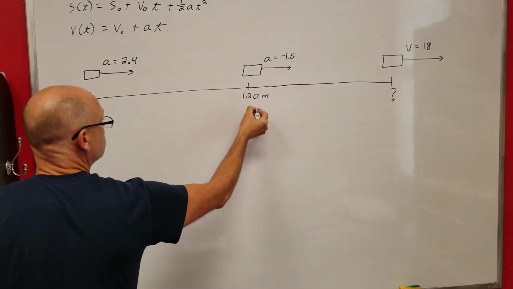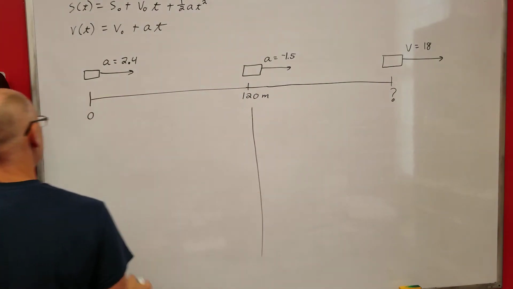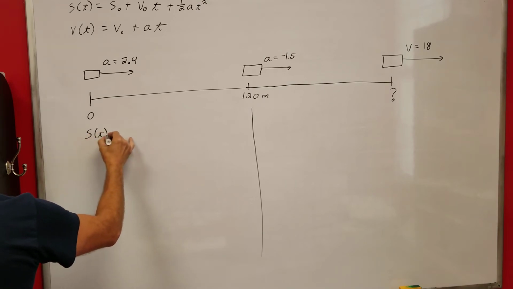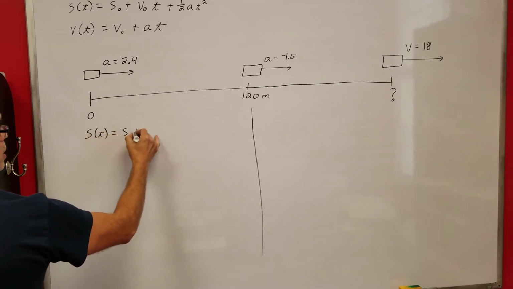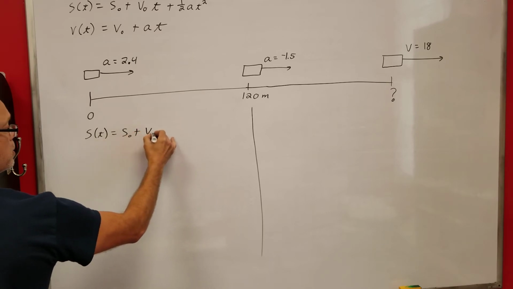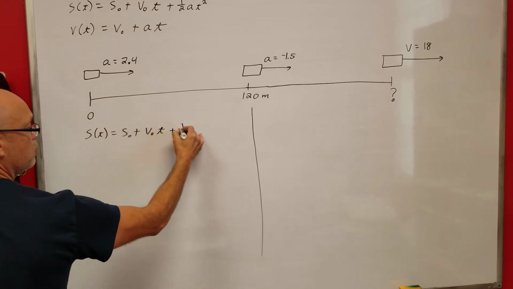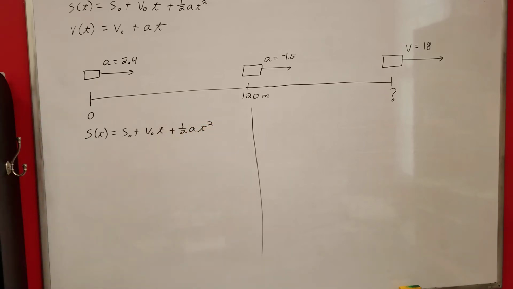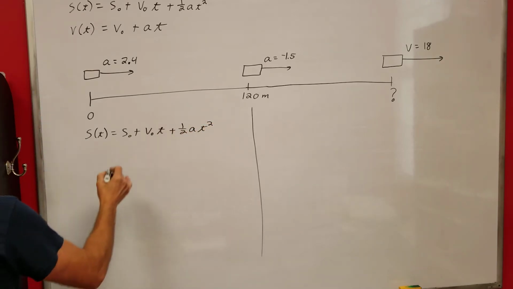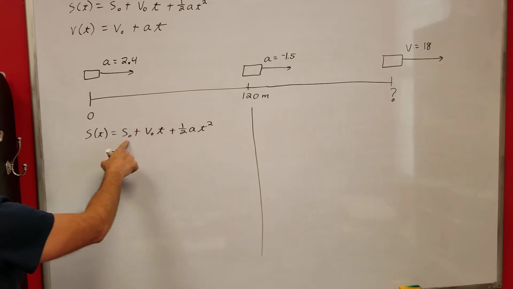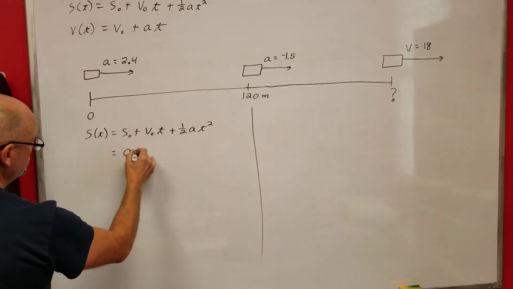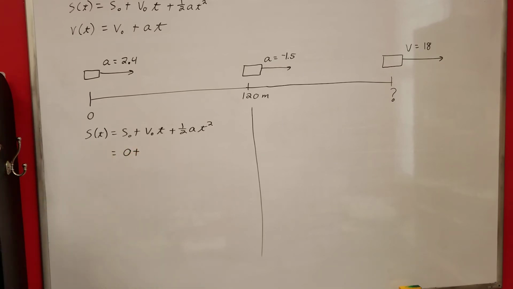So let's see. Initially, let's look at the position function of the motorcycle. S of t is equal to S subscript 0 plus V subscript 0 times t plus 1/2 a t squared, right? All right, what's my initial position of my motorcycle? 0. What do they say about the motorcycle?